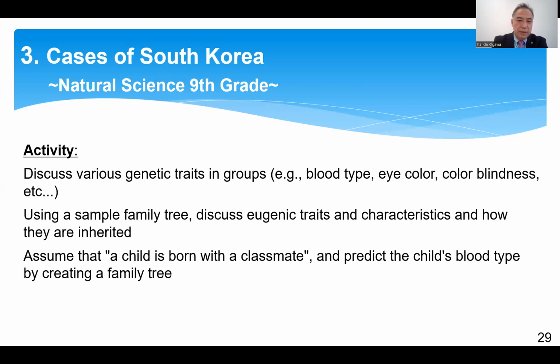The activities: discuss various genetic traits in groups, like blood type, eye color, color blindness, etc. Using sample family trees, discuss genetic traits and characteristics and how they are inherited. Assume that a child is born with a classmate, and predict the child's blood type by creating family trees.